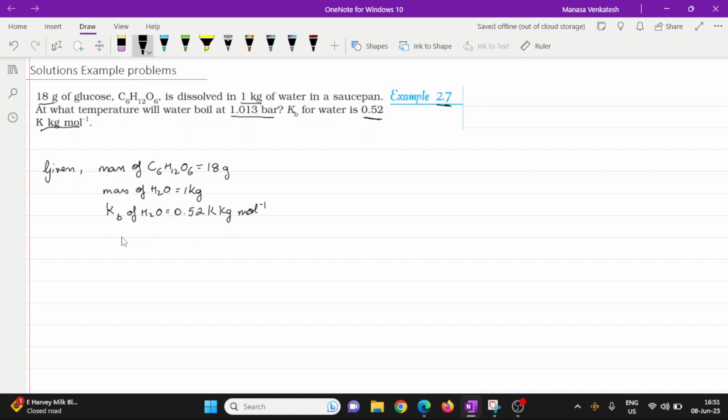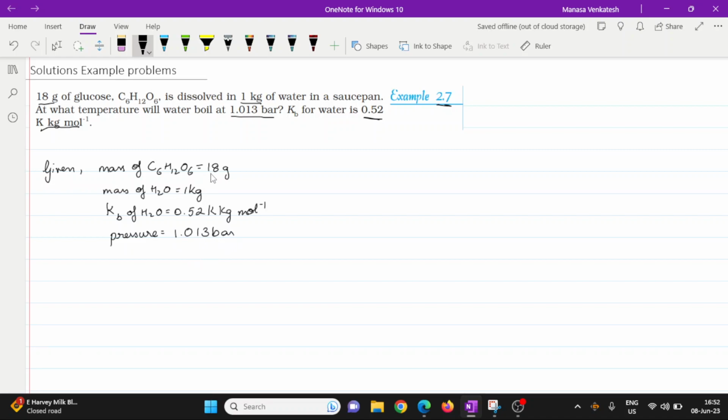And the last one given to us is the pressure. I'm pretty sure we won't be using it. Sorry, that handwriting is super bad. So pressure is given to us, and that's 1.013 bar.